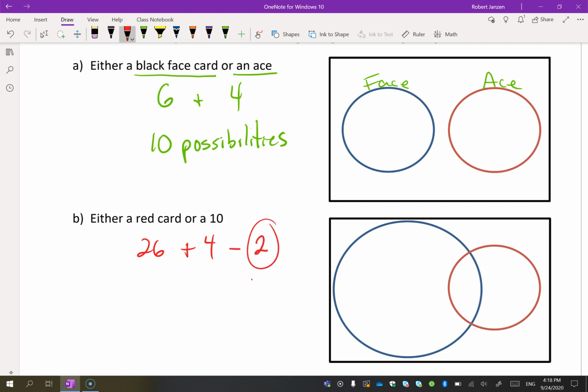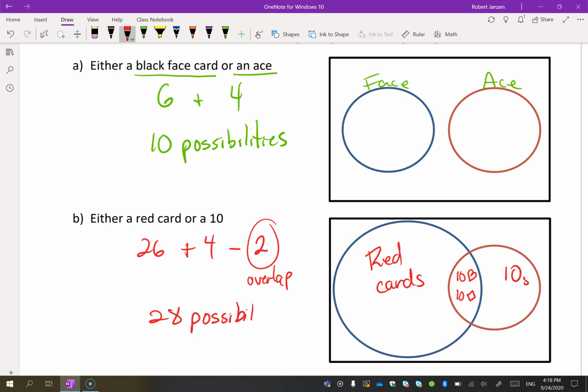What's this 2? This is the overlap. Okay, so here I have red cards. Here I have 10s. But here we have the 10 of hearts and the 10 of diamonds. They overlap. Okay, so there would be 28 possibilities here.